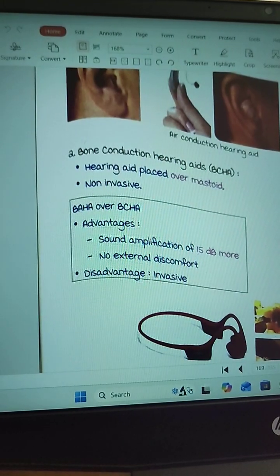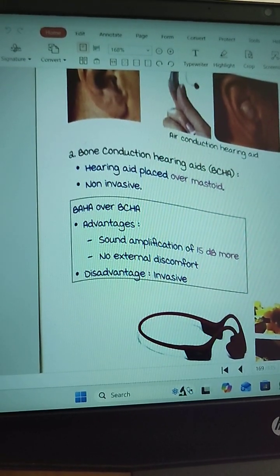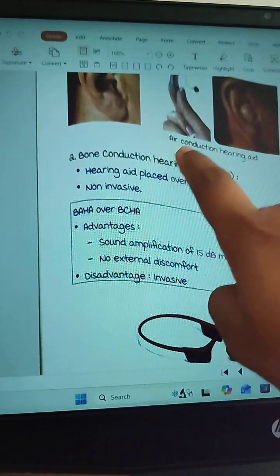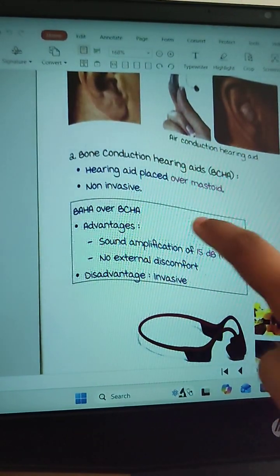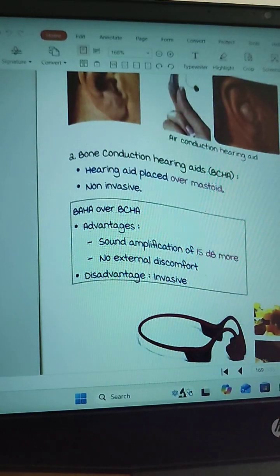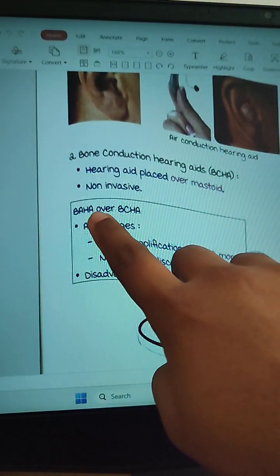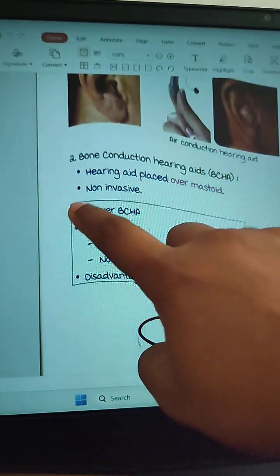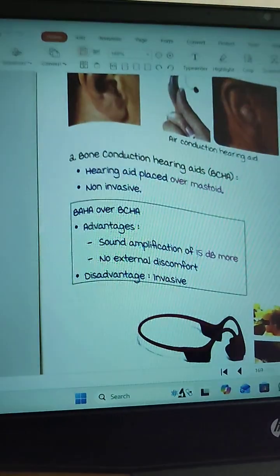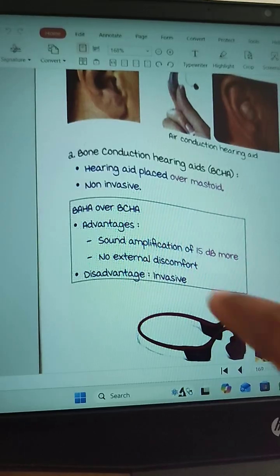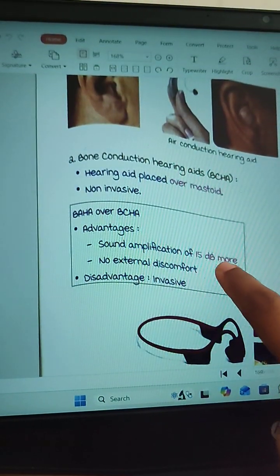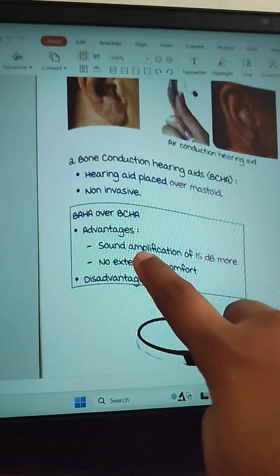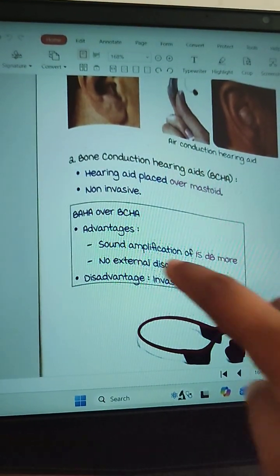Earlier we studied the bone conduction hearing aid also, BCHA. So why is BAHA more advantageous than BCHA? The bone anchored hearing aid has more advantages because the sound amplification is 15 decibel or more, and there is no external discomfort.